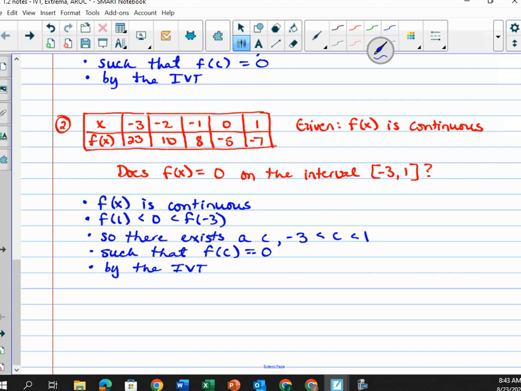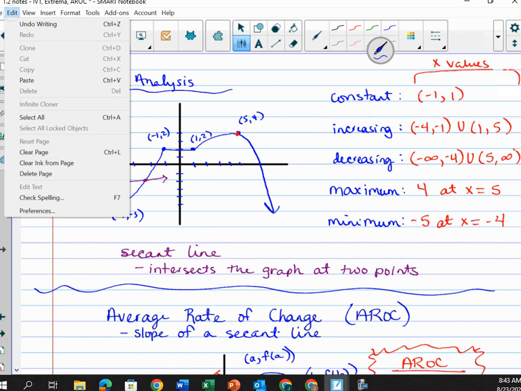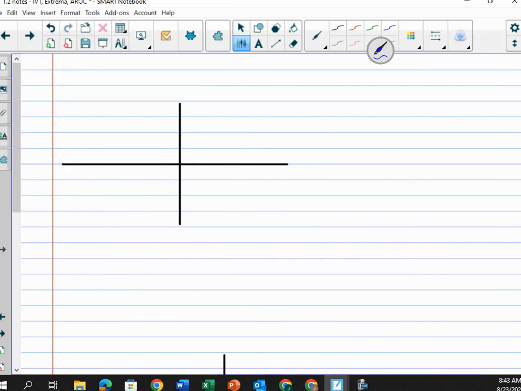Okay, I'm going to do a little graph analysis next. Okay, this is where those sticky notes would be handy. Let me draw the whole graph and then I'll give you time to copy it down, okay?